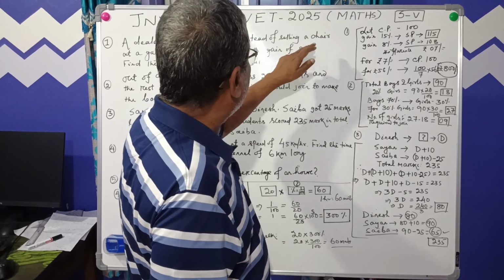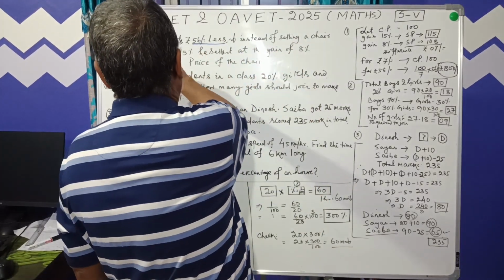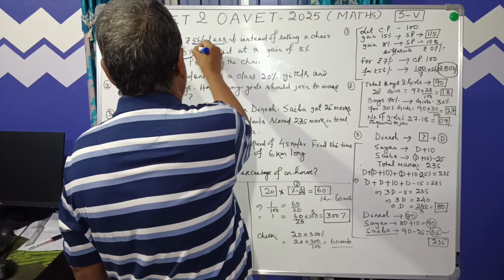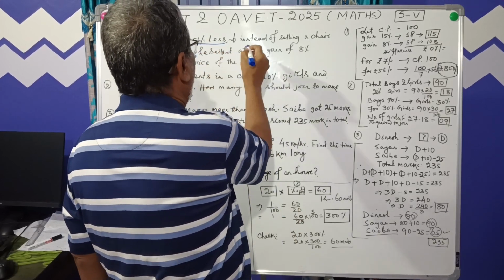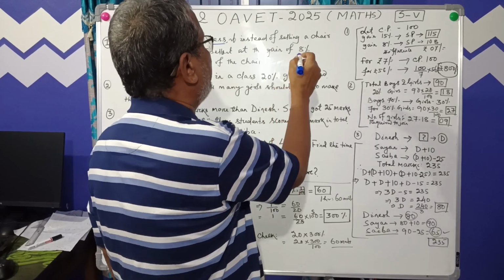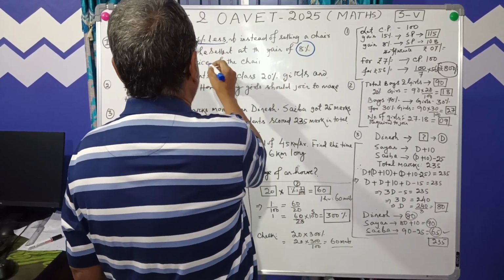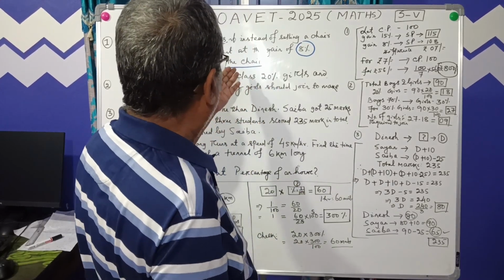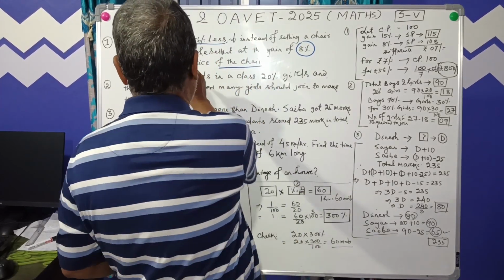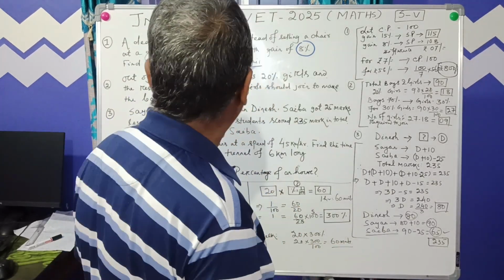If instead of selling a chair at a gain of 15%, you see 15%, but he sells it at the gain of 8%. Find the cost price of the chair. So we have to find out the cost price of the chair.